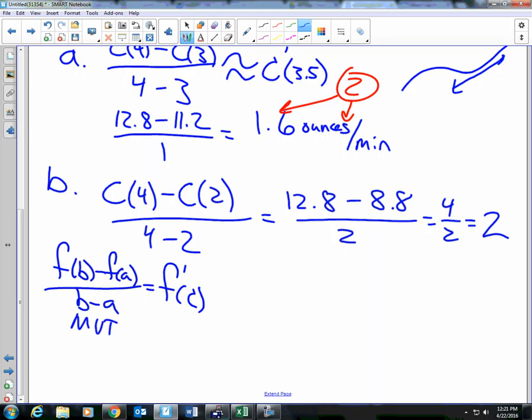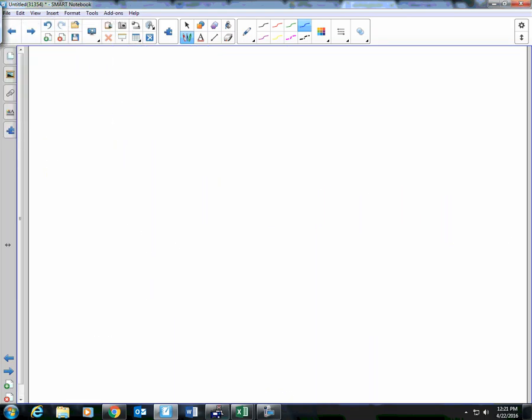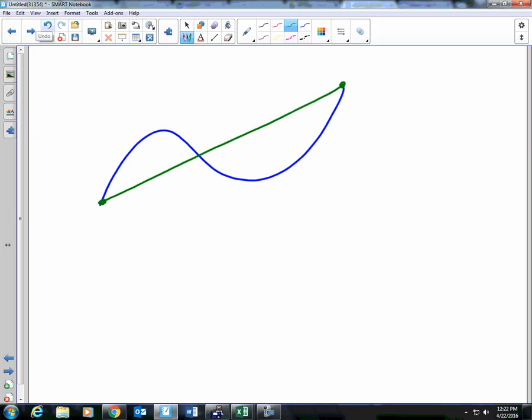And the mean value theorem says this: if you have a curve and we know that the average rate of change is 2, and it's differentiable and continuous, then there must be a spot somewhere on the curve where the slope is 2. So maybe right there, and maybe right there. Are we okay with that? Those must exist.